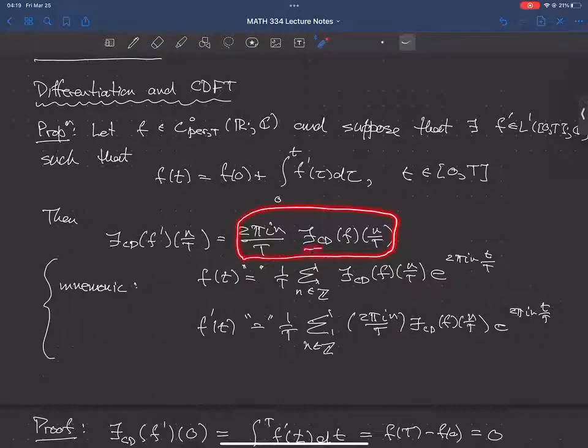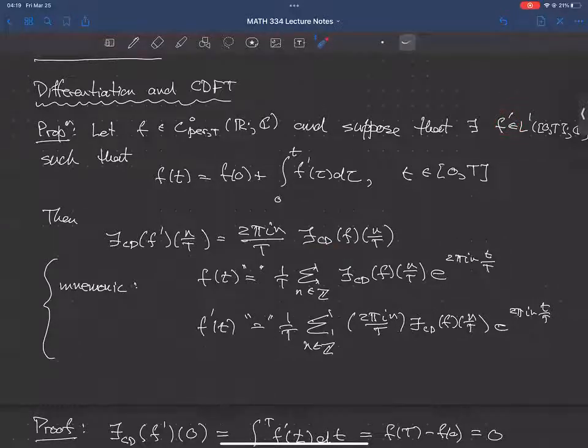And so what that means is that the coefficients of the CDFT of f have to go to 0 faster than 1 over n, because we're multiplying here by n. And so this gives us some information about the rate of decay of the CDFT of f when f is essentially differentiable.